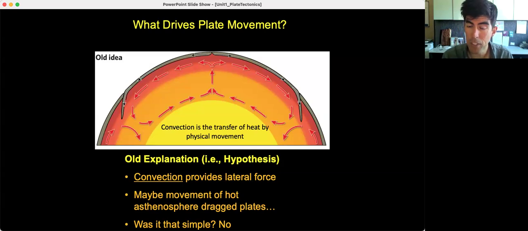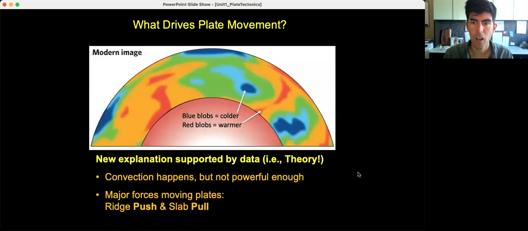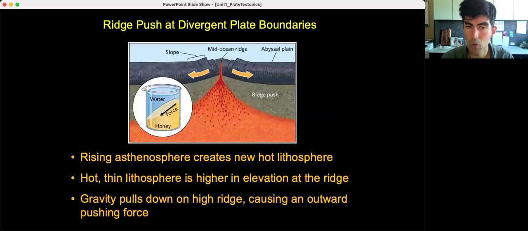This was a pretty simple explanation at the time, and it turns out it's not entirely correct. It does contribute to plate motion, but not like these other two. We do see evidence for the asthenosphere moving up through the interior of the Earth, but it does not cause enough force to move our plates.